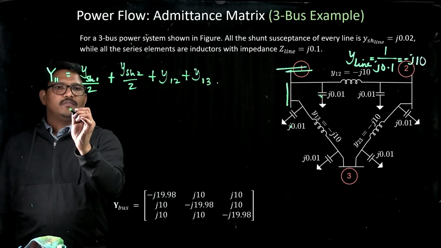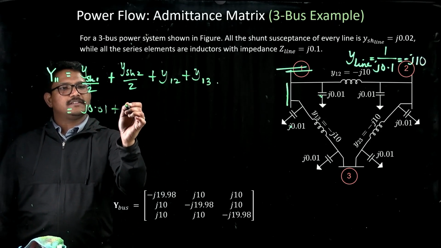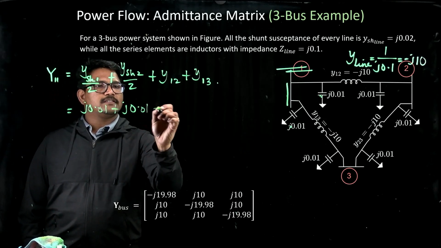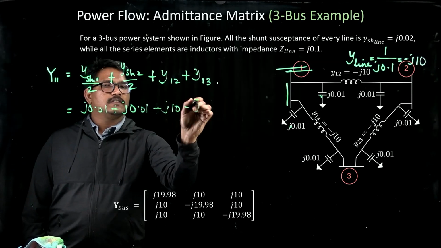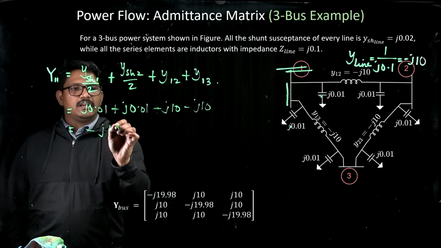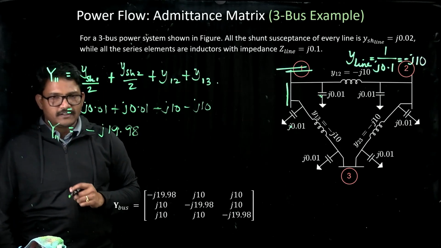This is equivalent to j0.01 plus j0.01, and minus j10 and minus j10. This is where you get minus j19.98 as the first diagonal element.